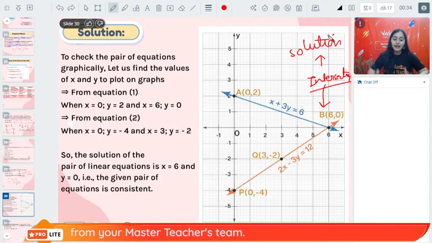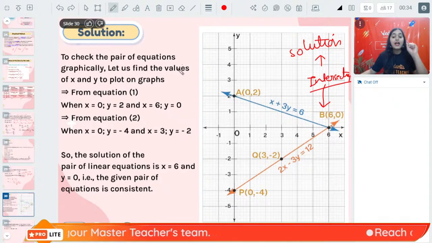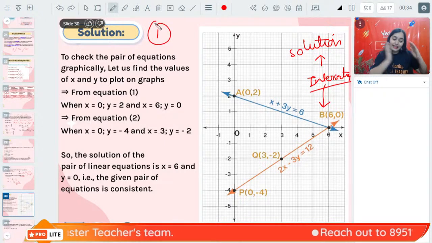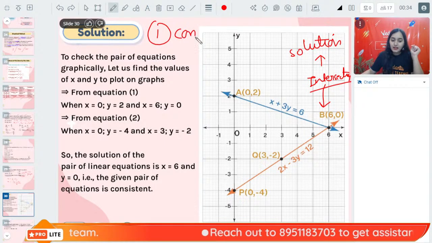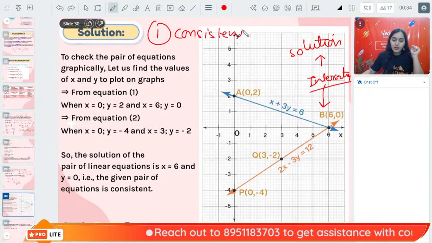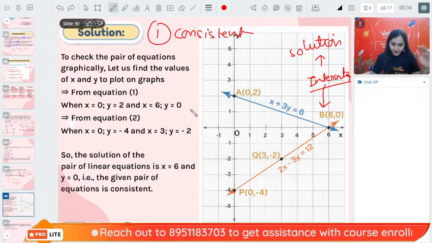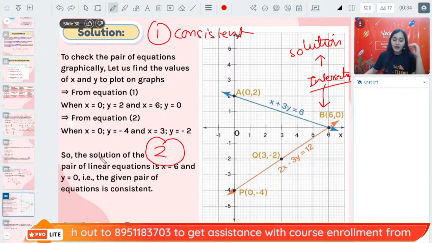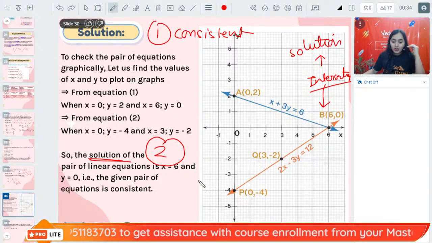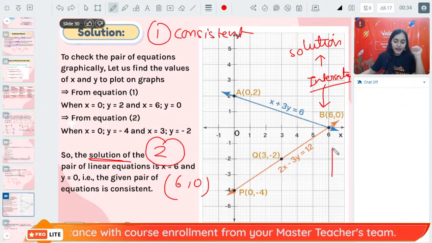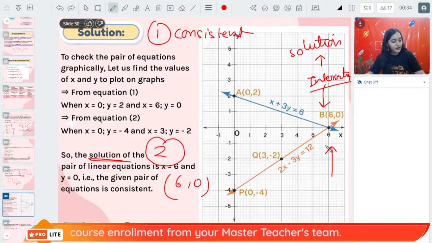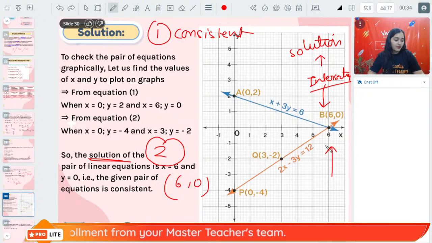First they are asking whether it is consistent or inconsistent, so your first answer is consistent because the lines are intersecting. Then secondly they are asking what the solution is. So the solution is (6, 0) because they are intersecting at this point. Everybody understood how you have to find it?